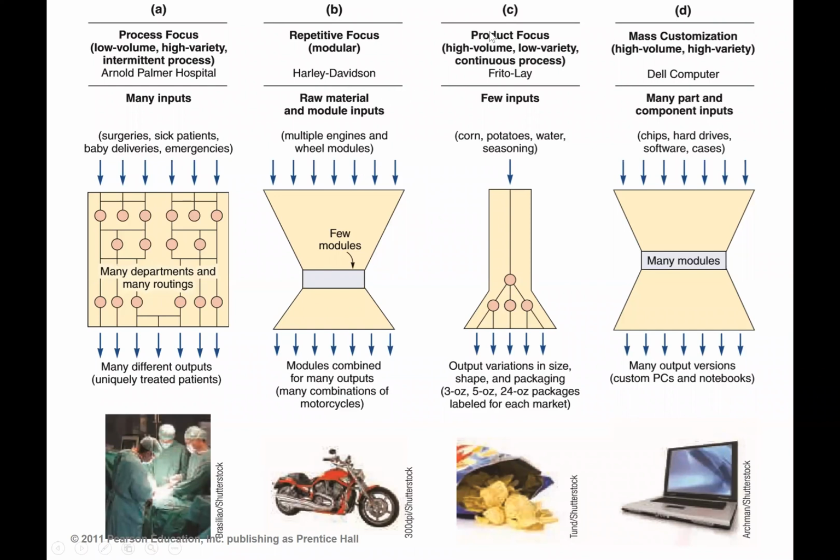When you talk about product focus, nice to remember Frito-Lay's potato chips. And when you talk about mass customization, you can look at a notebook computer or a PC, where you have certain inputs going in and you have computers coming out, but you can vary for whatever specification a person wants.